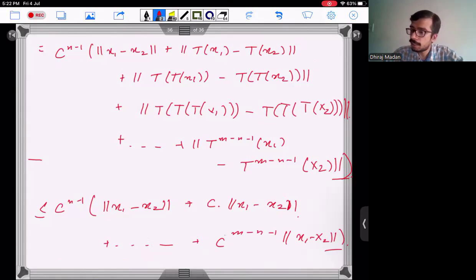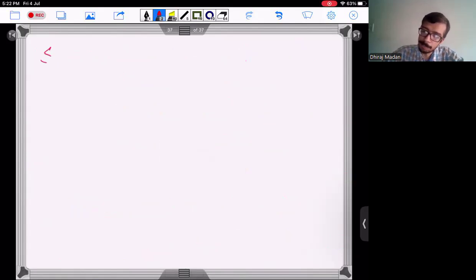So we know that this geometric sequence is upper bounded by c to the power n minus 1 times the norm of x1 minus x2 over 1 minus c. Okay, because if I carry it out till infinity, then I'll get this ratio of 1 over 1 minus c, since this is terminated finitely. So I can always say that this is less than or equal to c to the power n minus 1 over 1 minus c.